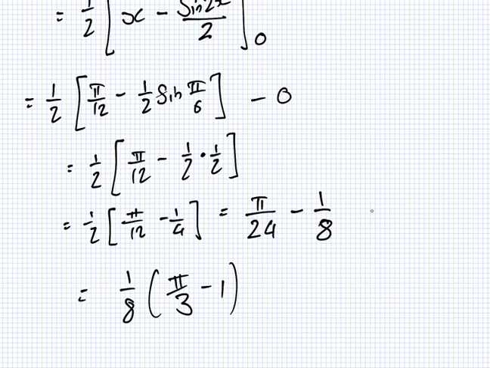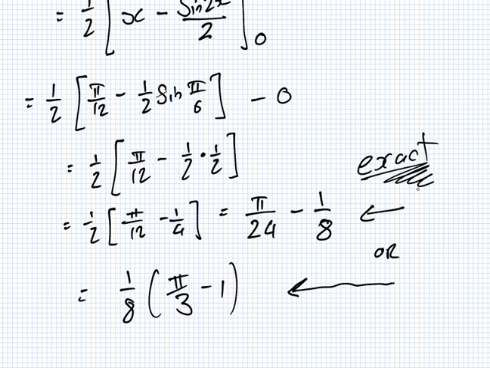I want the final answer to be like this or like this, because they use the word exact in the question. Here? Here? I don't know, because you can do something with this.